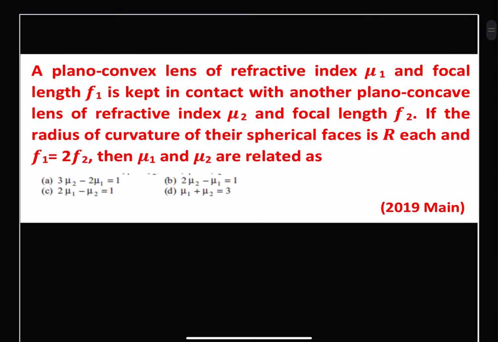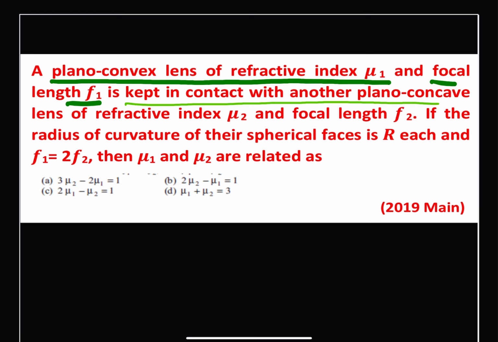Next question. Here it is asked that a plano-convex lens of refractive index mu1 and focal length f1 is kept in contact with another plano-concave lens of refractive index mu2 and focal length f2.